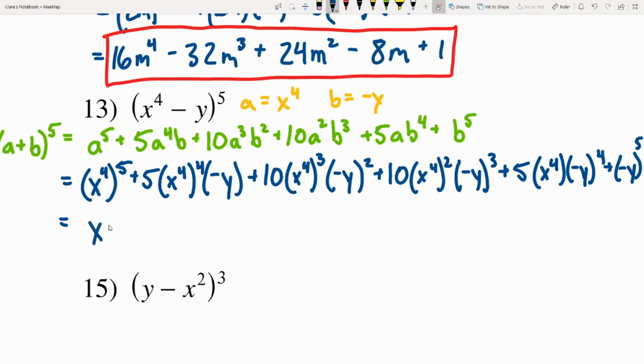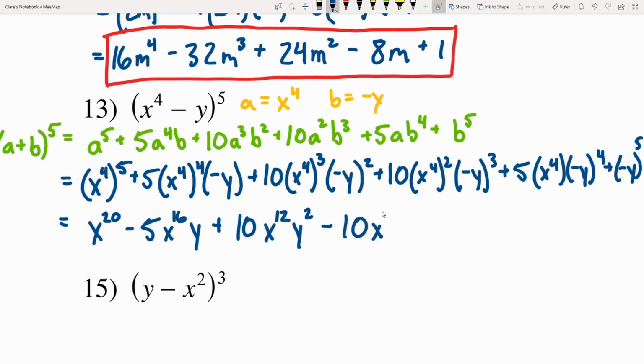So x to the 4th raised to the 5th, remembering those exponent rules, I'm going to multiply my exponents. So that'll be x to the 20th plus, this would be negative 5x to the 16th y, or as opposed to adding a negative, I'll just subtract 5x to the 16th y plus this negative y squared would become a positive y squared. So I'll have 10 times x to the 12th y squared, and then I'm going to subtract 10x to the 8th y cubed.